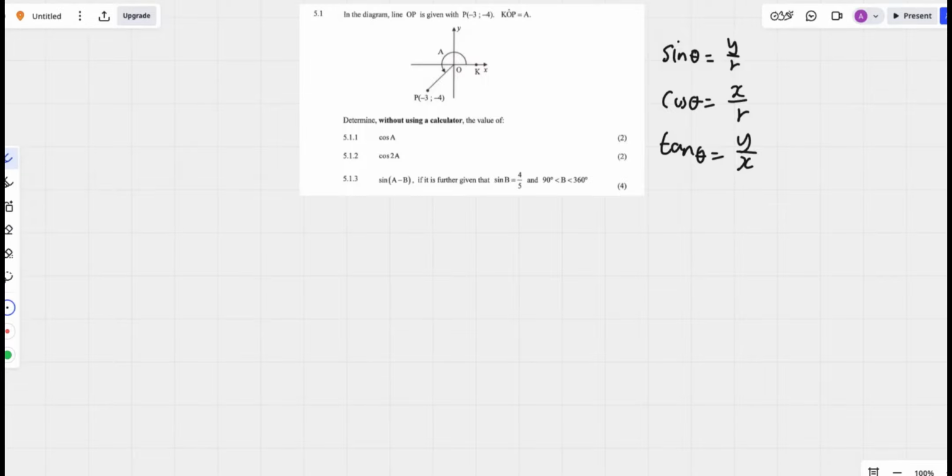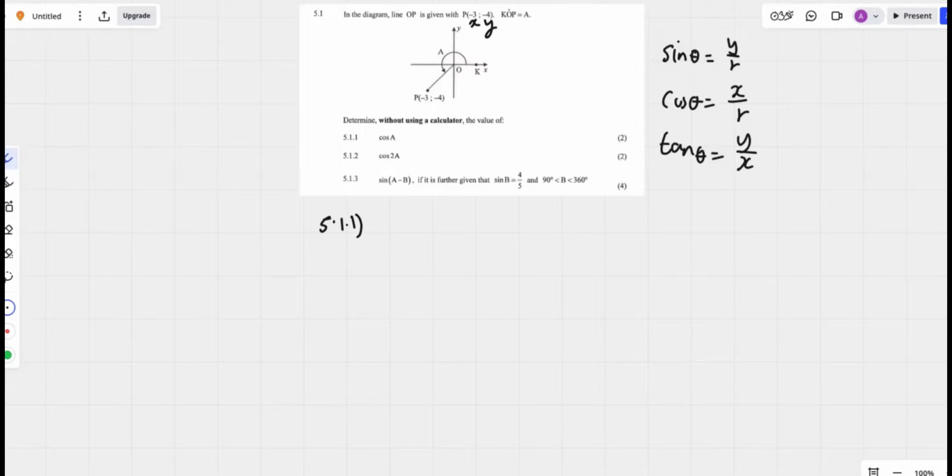We see that in the diagram, line OP is given with P(-3, -4), -3 being our x value and -4 being our y value, and they're showing us the angle A. Okay, so let's start off with 5.1.1.